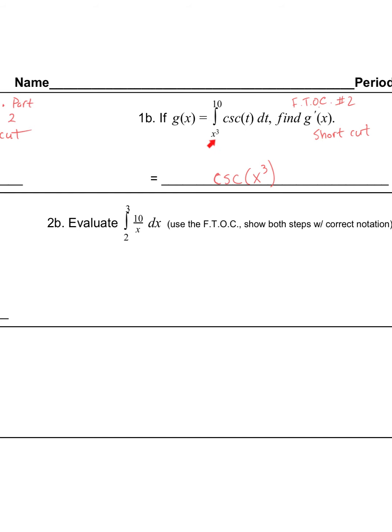We multiply everything by the derivative of the limit, and the derivative of x cubed is 3x squared. And then again, because that limit is on the bottom, we have to take the opposite sign, so we put a negative out front. Negative 3x squared times the cosecant of x cubed.